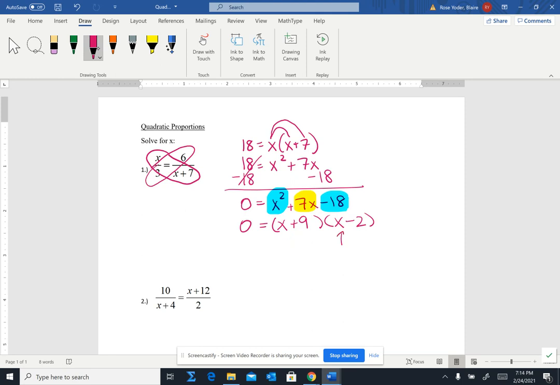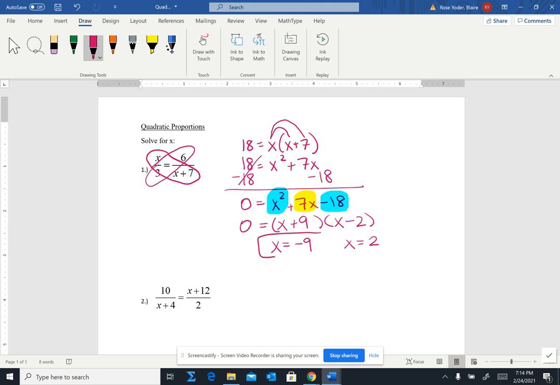So most people just do this in their head by taking the opposite. So x plus 9, x has to be negative 9, x minus 2, x has to be positive 2. Because if you plugged it back in, you'd get 2 minus 2 is 0 times 11. If I plug negative 9 back in, I'd get 0 times negative 11, which is also 0.